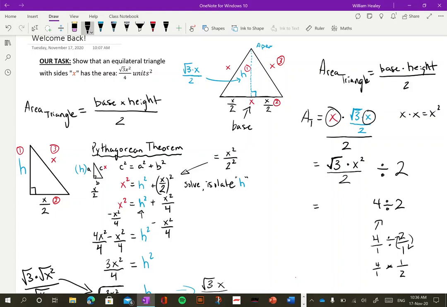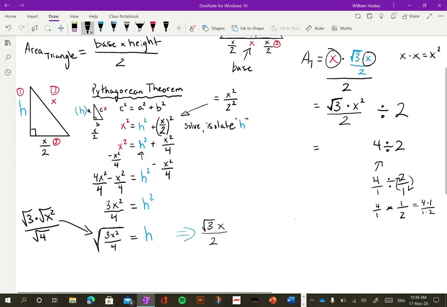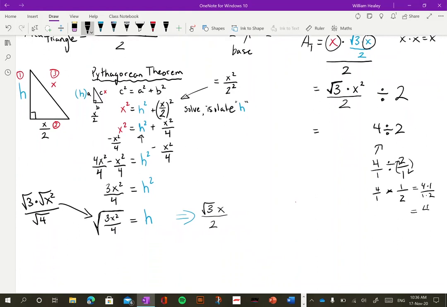Because we know that when we divide by 2, it's the same as multiplying by 1 over 2. And we know that this will be 4 times 1 and 1 times 2. And that'll give us 4 over 2, which is 2. And we started here, 4 divided by 2, well, that's 2. So let's use that same principle here.